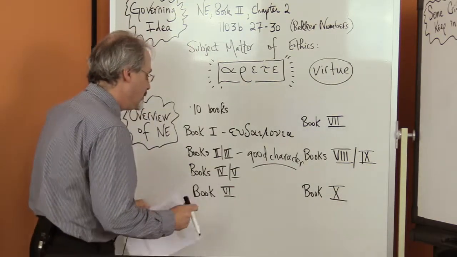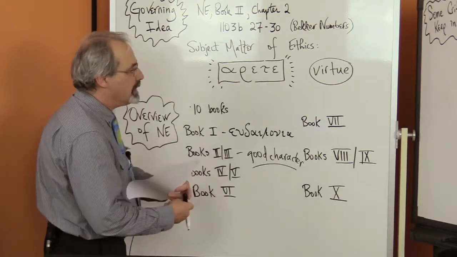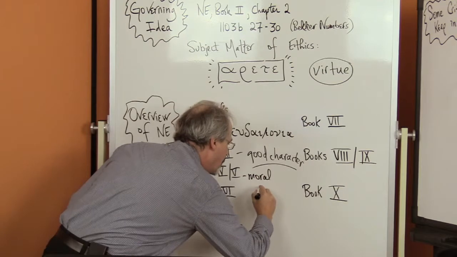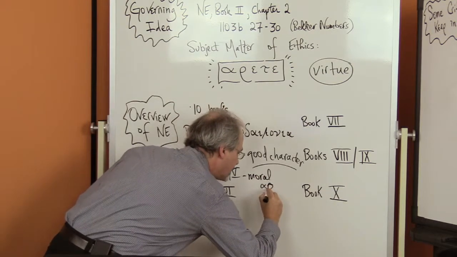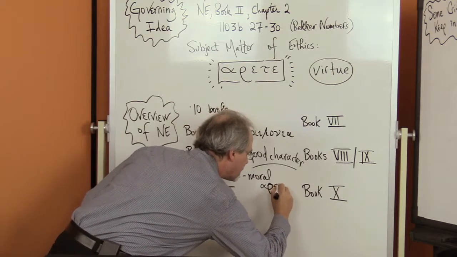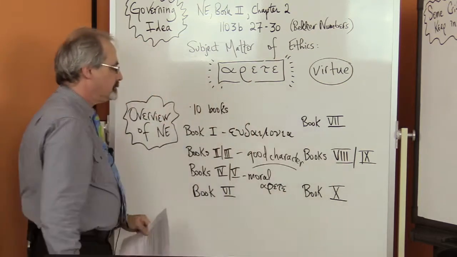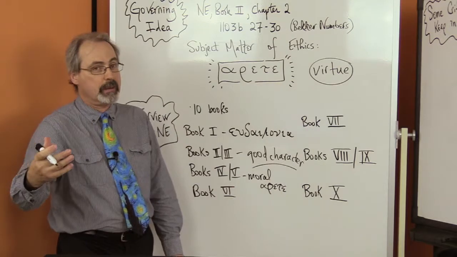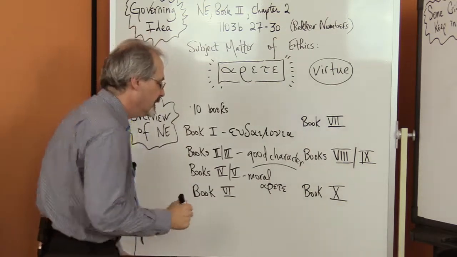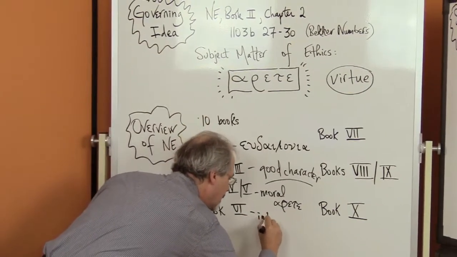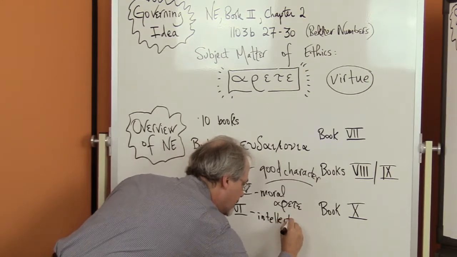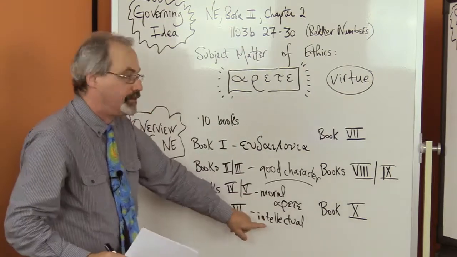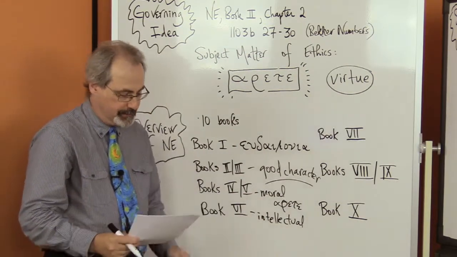In books 4 and 5, he talks about what we would think of as moral arete. In book 6, though, he changes and uses arete in a way that we're not really used to, and he talks about it in an intellectual way, or the intellectual virtues, so the moral virtues and the intellectual virtues.